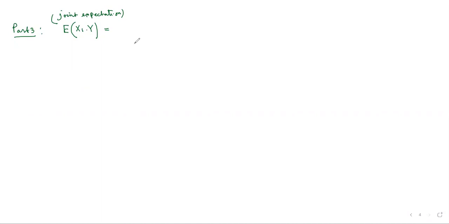What are the joint pairs? If I consider the joint pair to be 1, 1, its corresponding probability is 1 by 36. If I consider the joint pair to be 2, 1, its corresponding probability is 1 by 36. And in this manner, we can calculate the joint probability.